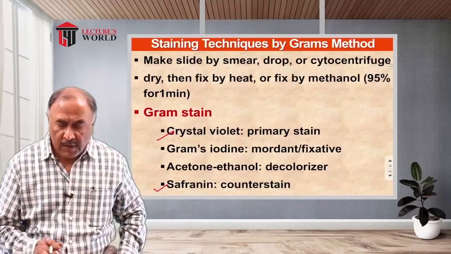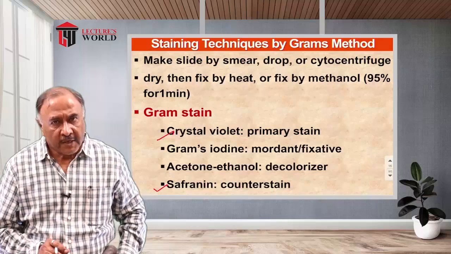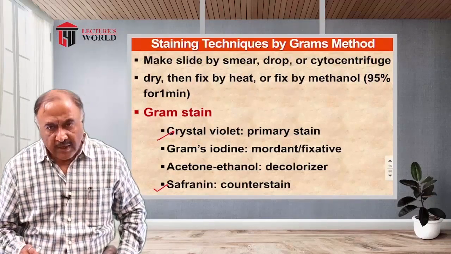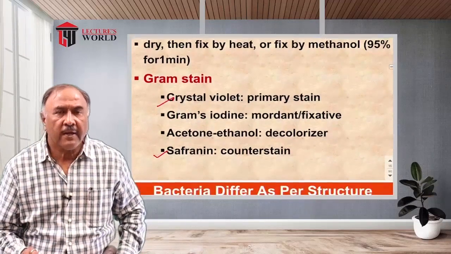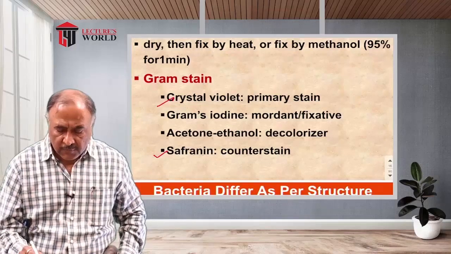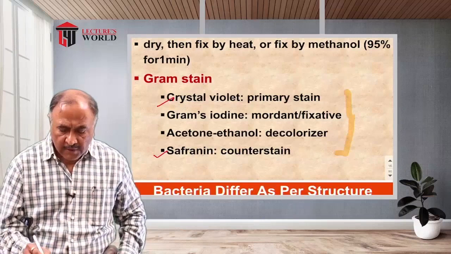For the Gram method, we prepare a slide, fix it by heat or by using chemicals like methanol, and then we stain it, and the staining involves 4 different steps. Which are those?